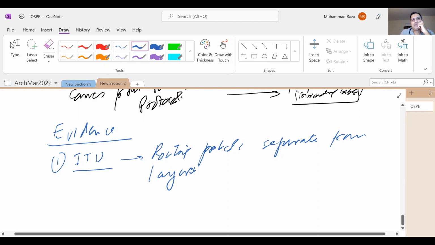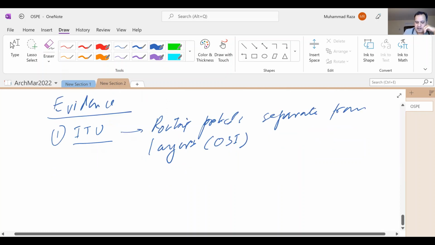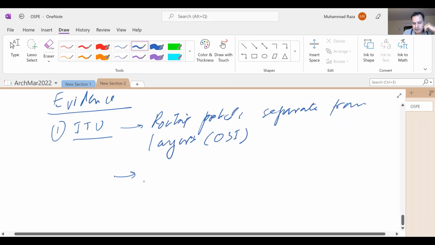Layers mean the OSI model. So they have a separate heading for that, and I made a note of that heading.